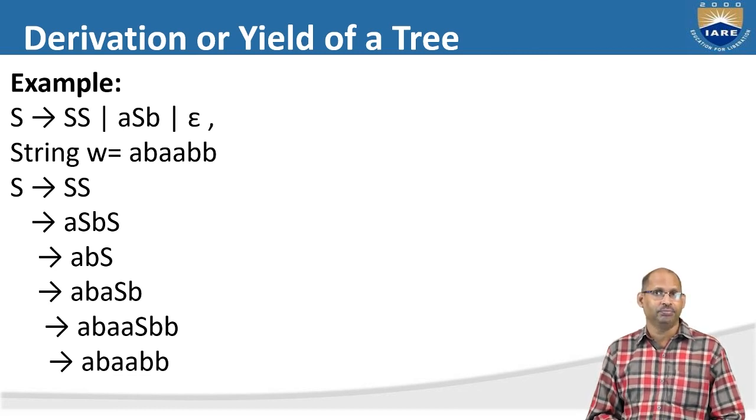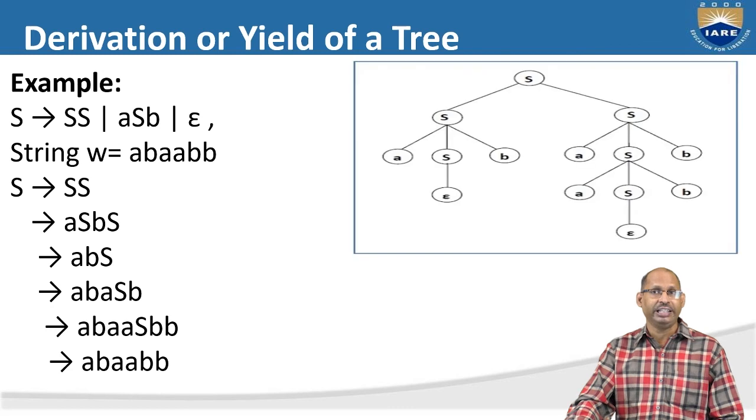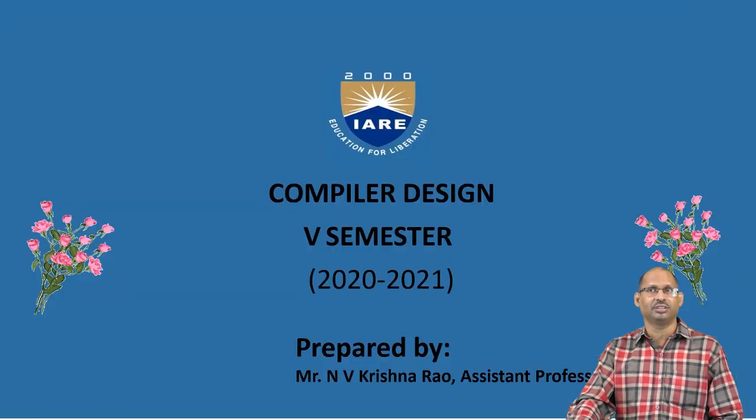First production we applied. Then the second production is applied. Then the third production is applied. So we got ABS. Then we applied the second production. Once again we applied the second production. Then we applied the third production in deriving our final string, which we are representing in derivation form. So S gives SS, S gives ASB, that S gives epsilon. Then the second S gives ASB, once again S giving ASB, second production, then applying the third production.